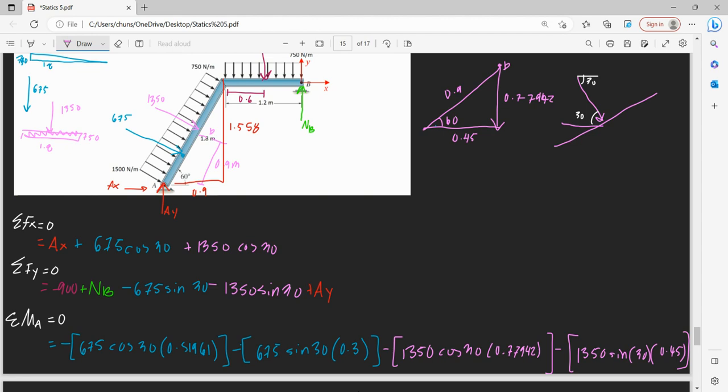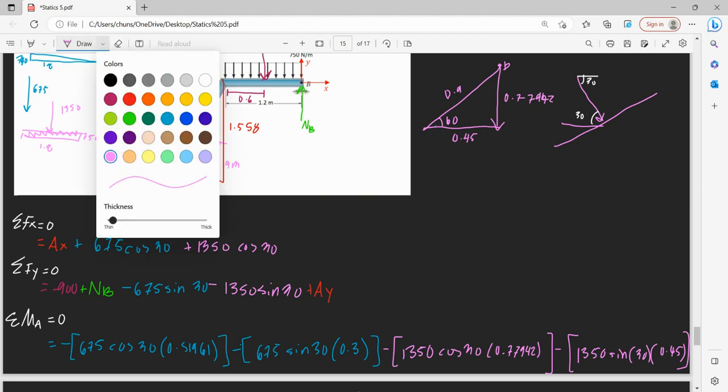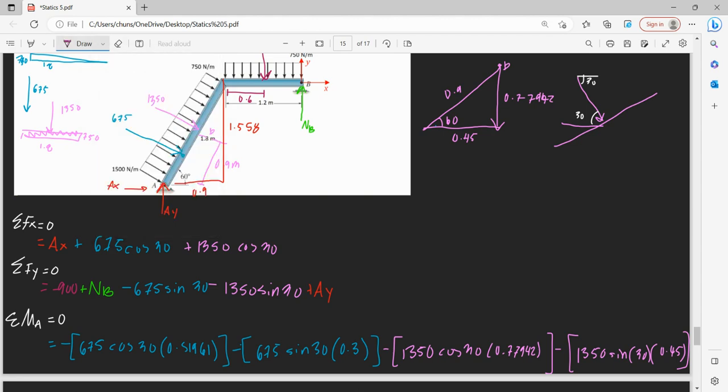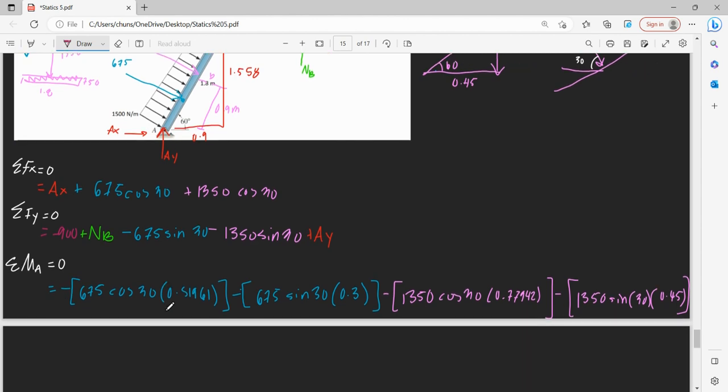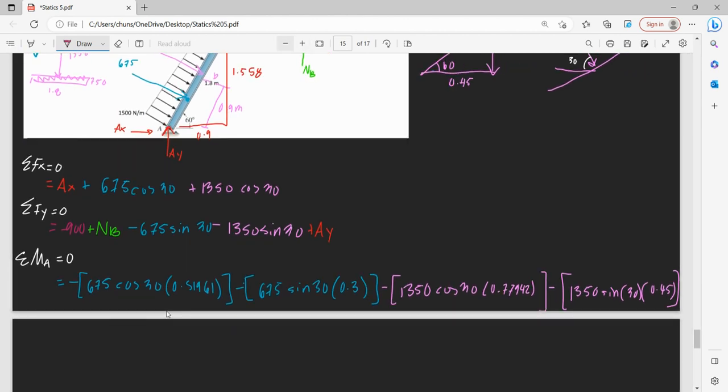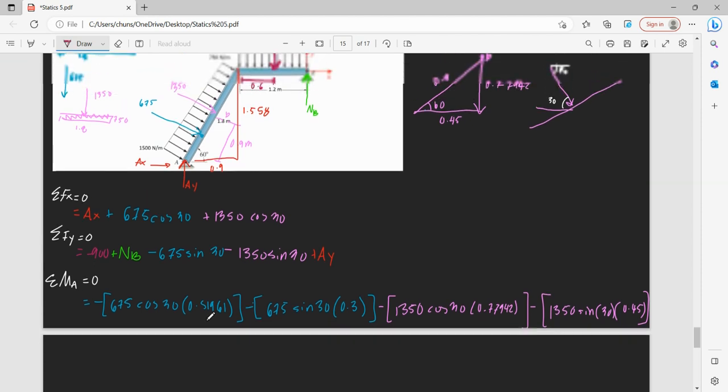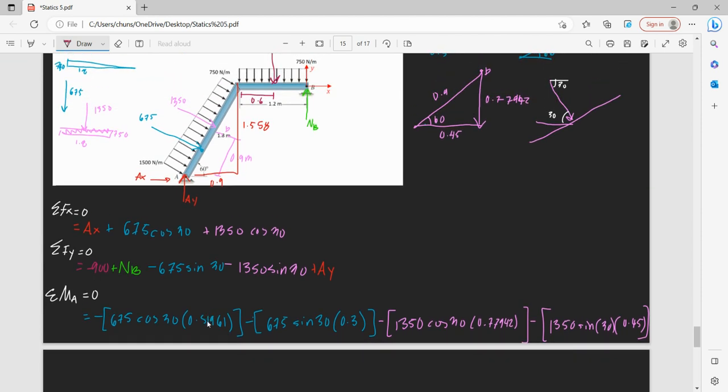Okay, and now for our 900, I'm going to have to do this on the next page. We zoom out a bit so we can fit everything in there. So for our 900 newtons from our distributed load at the top, we want our horizontal distance. So we have 0.6 from our diagonal part, and we want to add to that our 0.9.